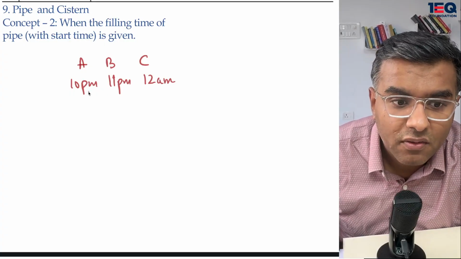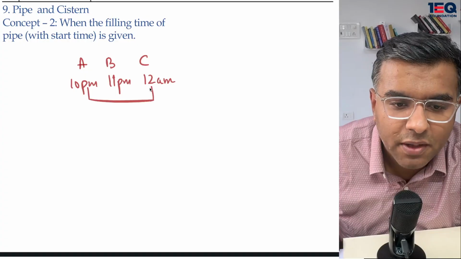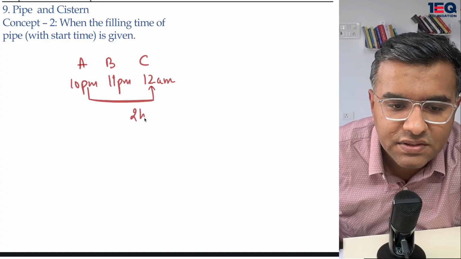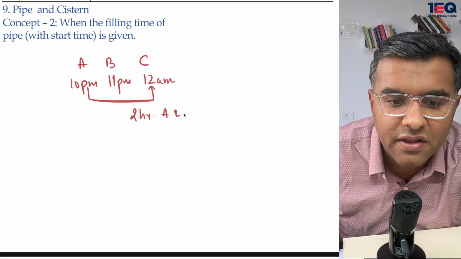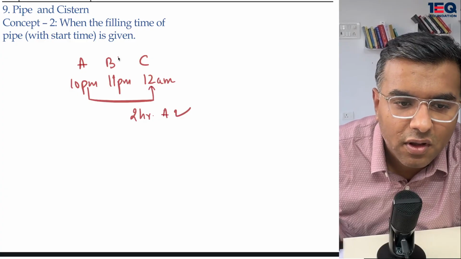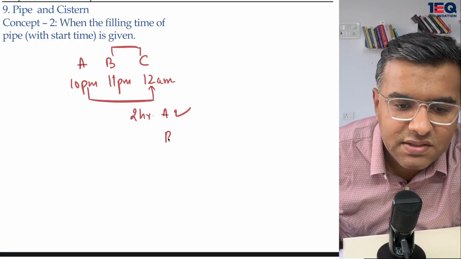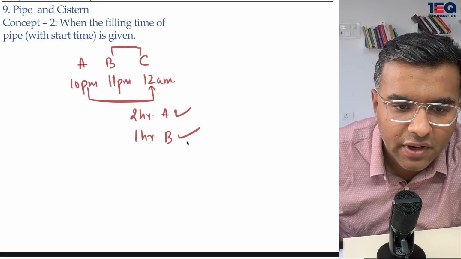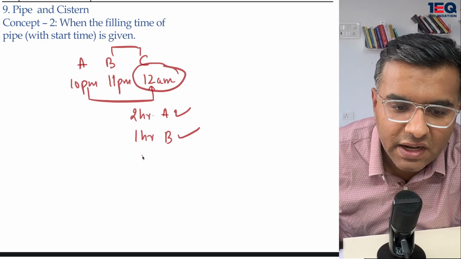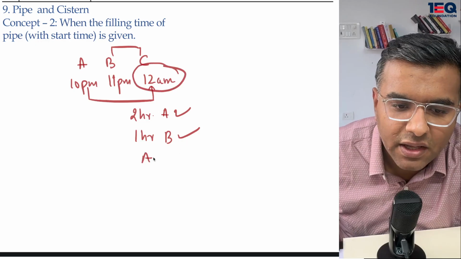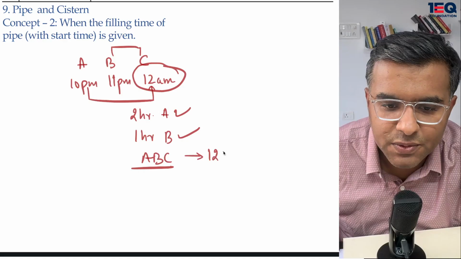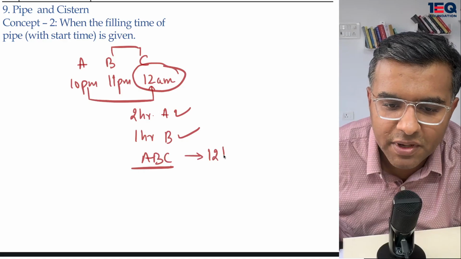From 10 p.m. to 12 a.m., 2 hours, A has already done the work. From 11 p.m. to 12 a.m., B has already done 1 hour of his work, right? But we start everything from 12 a.m., considering that A, B, and C are all working together, and the entire situation started happening at 12 a.m.